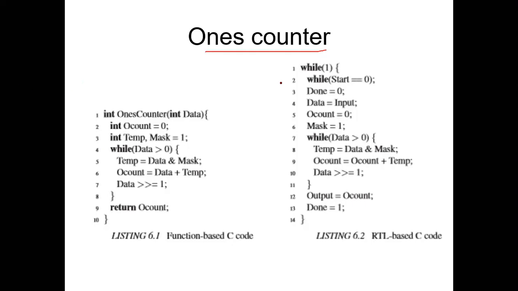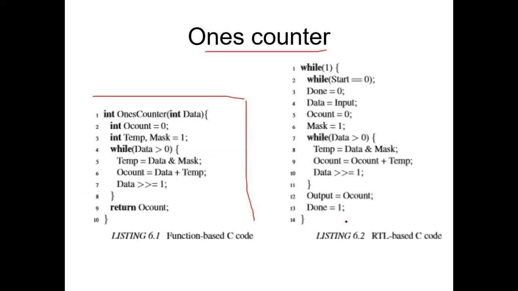Okay, it's a simple task. We already know the C language, so specifying a ones counter using C code is not a big task. This is the code for the ones counter.